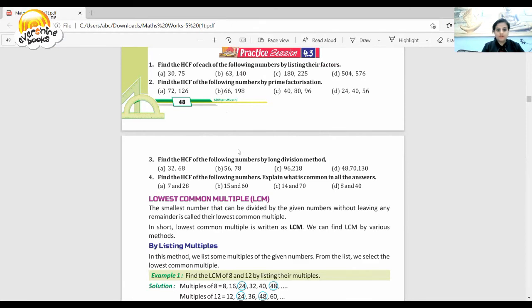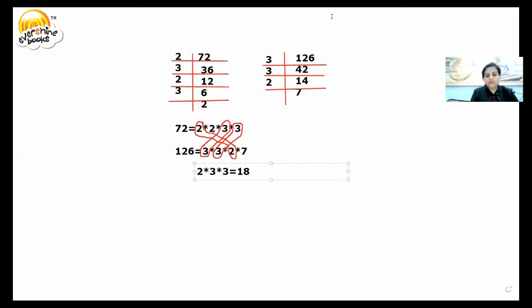Okay. After that, find the HCF of the following numbers by prime factorization. First we have done listing their factors. Now we will do the prime factorization method, which I am going to share again on the whiteboard. So here I have shared the whiteboard. In that, the prime factorization of 72 is there and of 126 is also there.